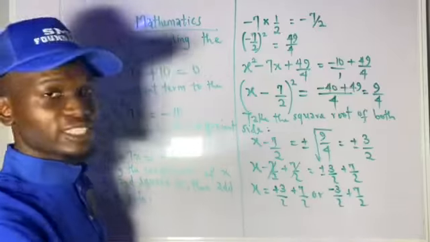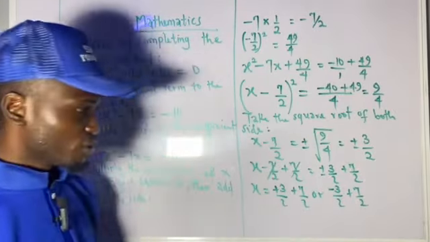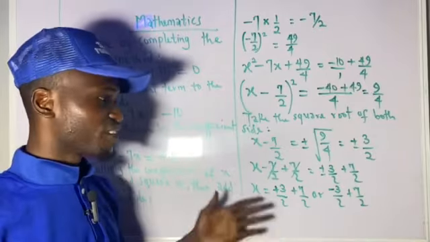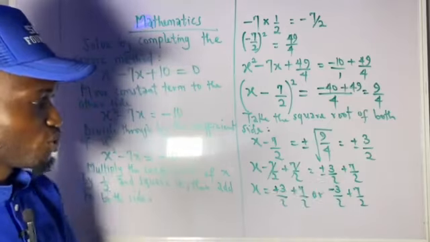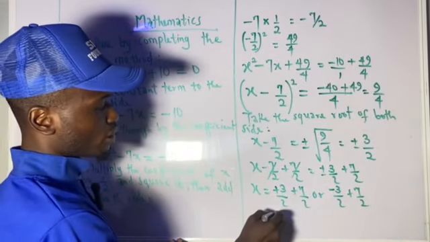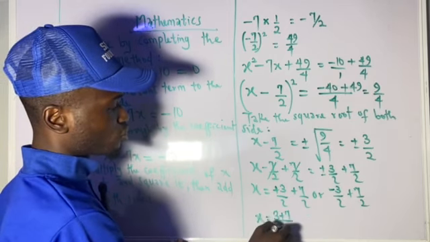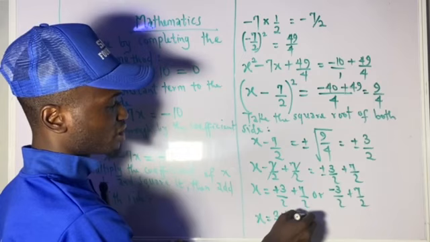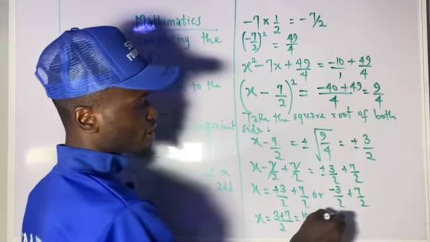Because the denominators are the same, we can just add the fractions directly. Anytime fractions have the same denominator, we just add directly. So we have x equal to plus 3 plus 7 over 2, which is 10 over 2, and that is equal to 5 for the first answer.